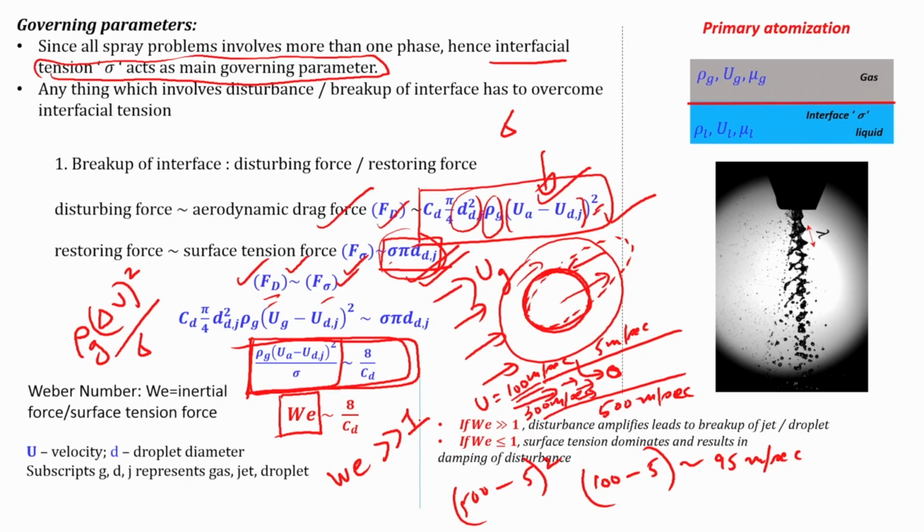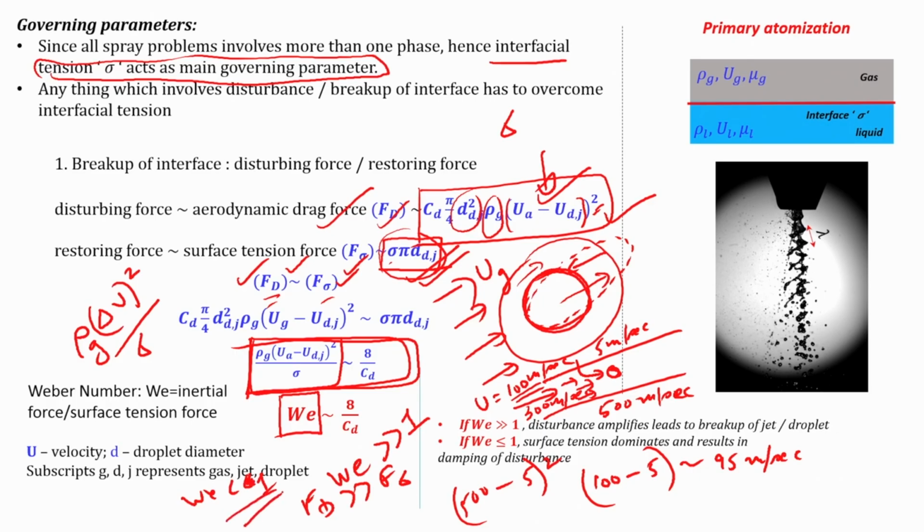So, that means your Fd is much greater than your F sigma, right. As a result, the droplet will distort, it will no longer remain spherical. Whereas, if your Weber number is less than 1, let us say that it is less than 1. Okay.